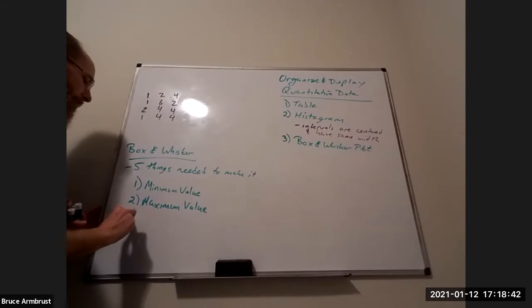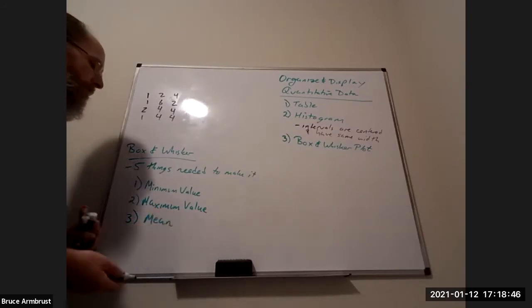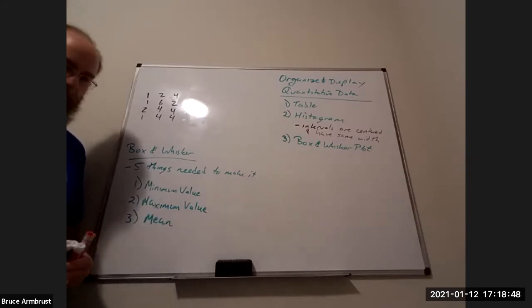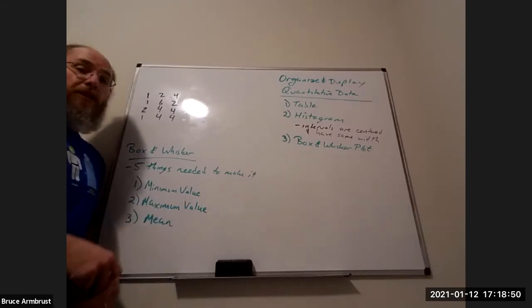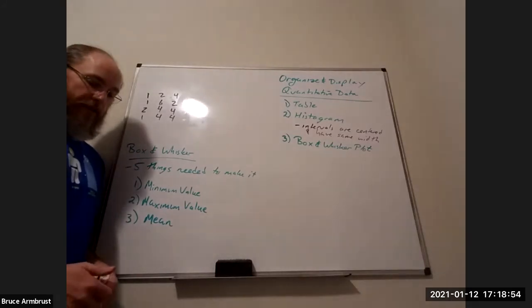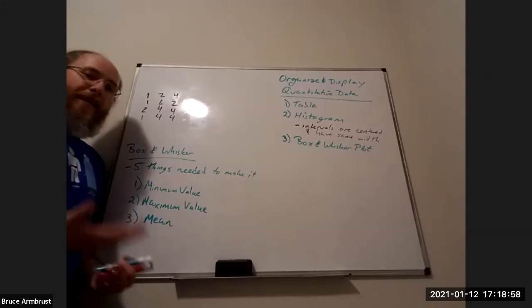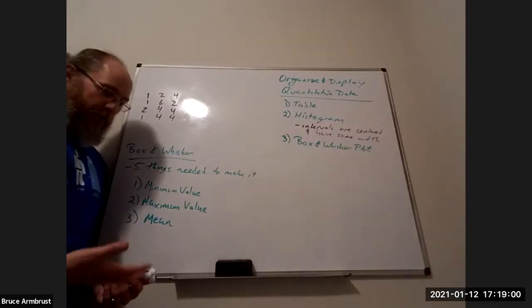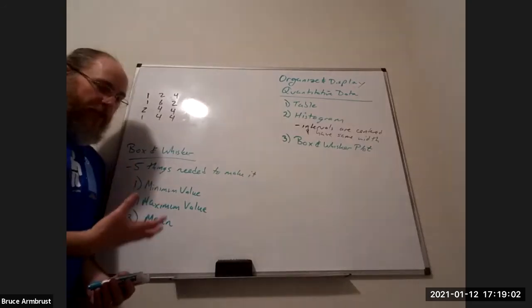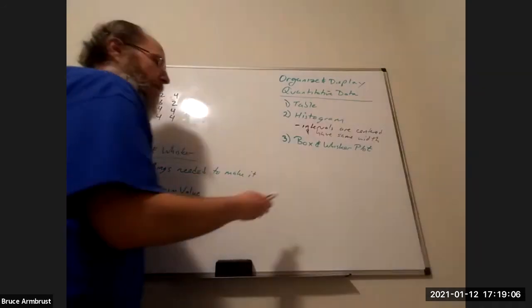All right, the third that you need is the mean. Okay, so you need to know the average of these guys. Now to get the average, it's pretty easy. I've mentioned it a couple of times, but let me go ahead and write down how we calculate the mean.